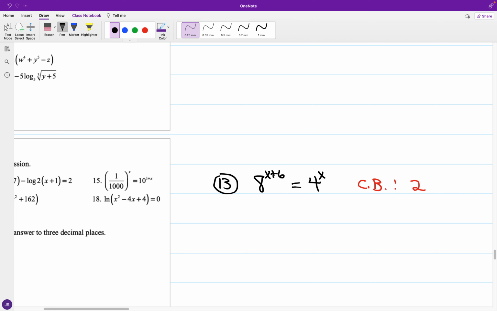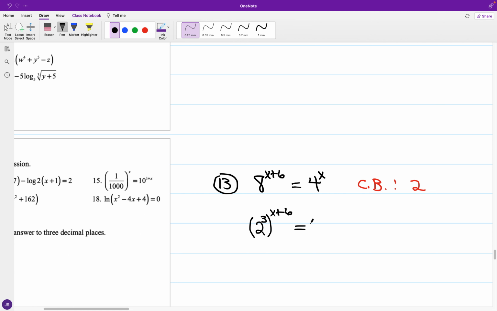So if I convert what I have with 8 and 4 to base 2, 8 is going to be 2 cubed, and for 8 raised to the x plus 6 power, we have 2 cubed to the x plus 6.